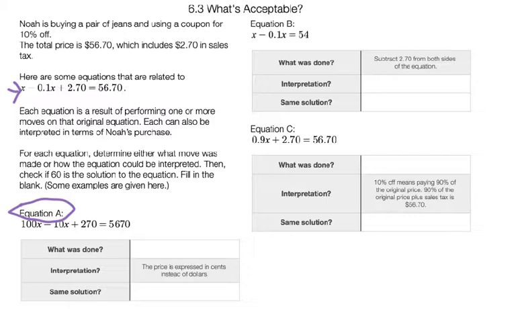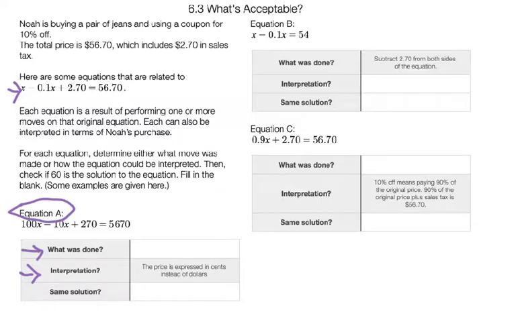We know these following equations, equation A, equation B, and equation C, are all the same equation. However, something was done to it. And according to this, we need to figure out what was done, interpret what was going on, and whether it has the same solution. Each equation is a result of performing one or more moves on the original equation.